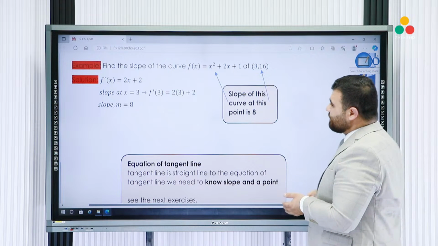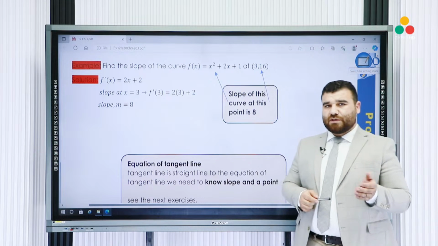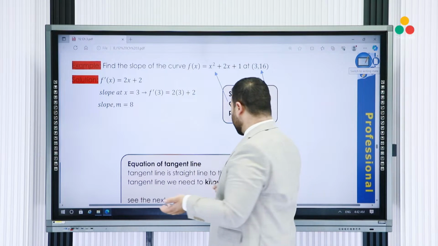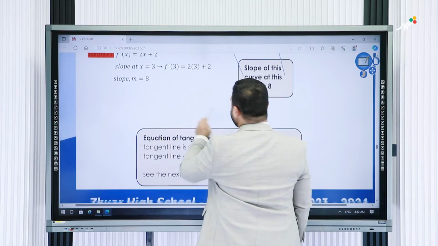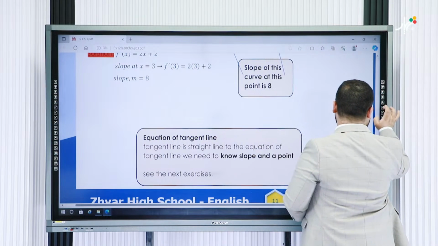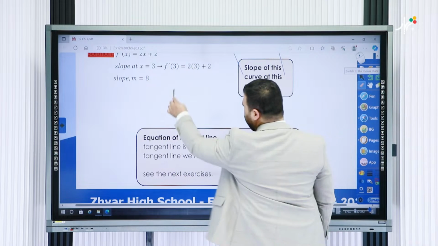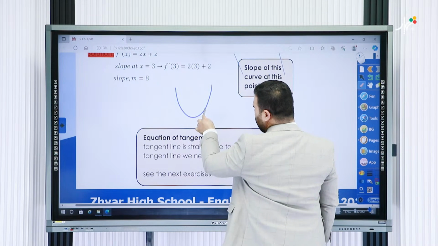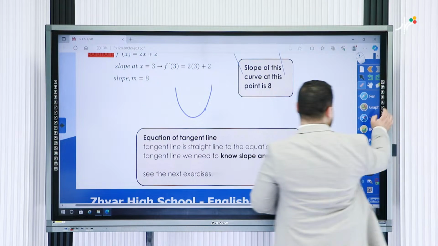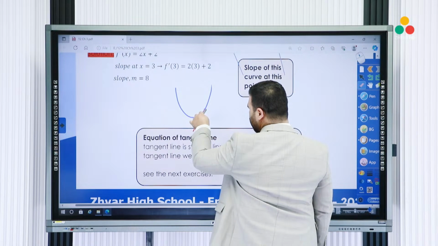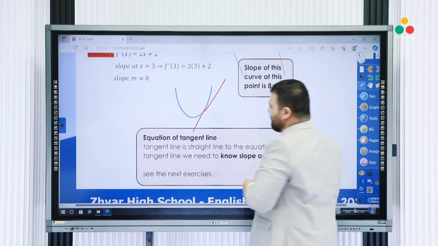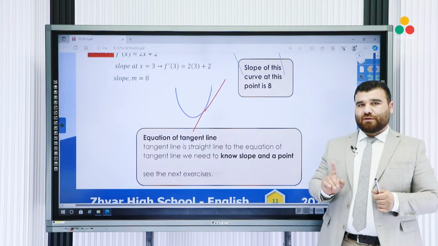Since we can find slope, we can also find the equation of tangent. What is the equation of tangent? If we have a curve, let's draw. If we have a curve, at any point we can find the equation of the tangent line. A tangent line is a straight line that touches the curve at only one point.